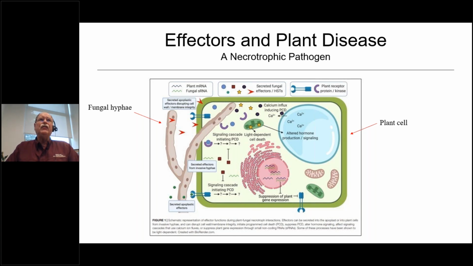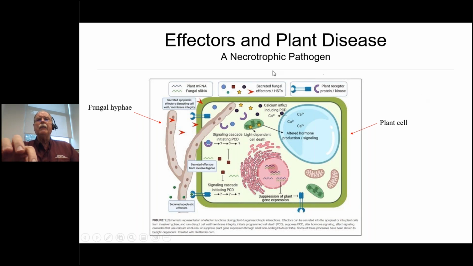We're going to see this is in contrast to a biotrophic pathogen that when it attacks the host, it tries to trick the host into not realizing that it's being attacked so that the host tissues stay alive. We called this an obligate parasite in my original definitions, but plant pathologists like to think in terms of necrotrophic pathogens and biotrophic pathogens.